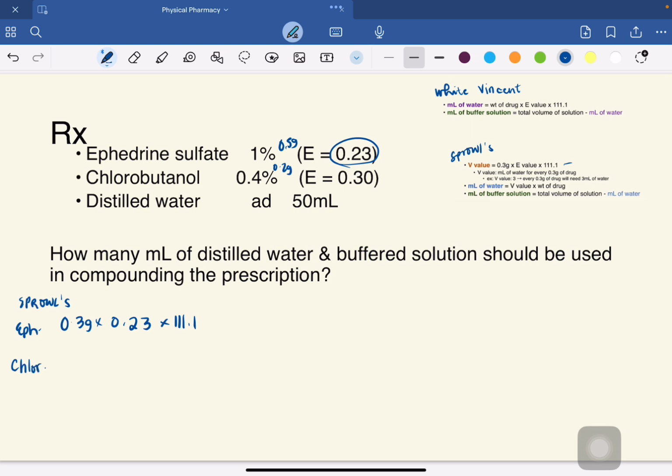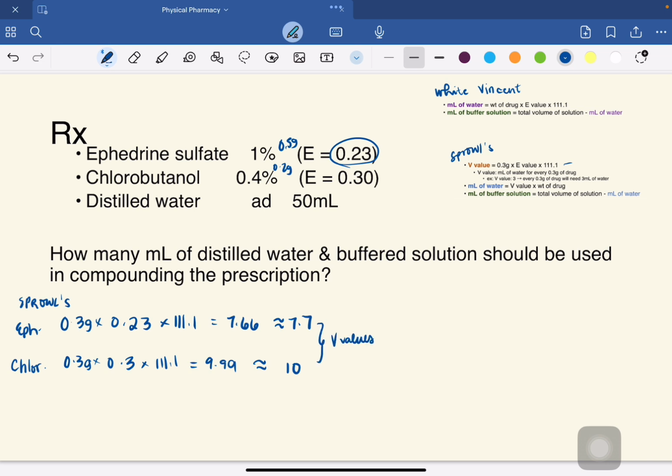So for chlorobutanol again, 0.3 grams times 0.3 times 111.1. So the answer to this is 7.66. So let's round that up to 7.7. Tapos the answer for this one is 9.99. So let's round this up to 10. Okay, so these are the V values.